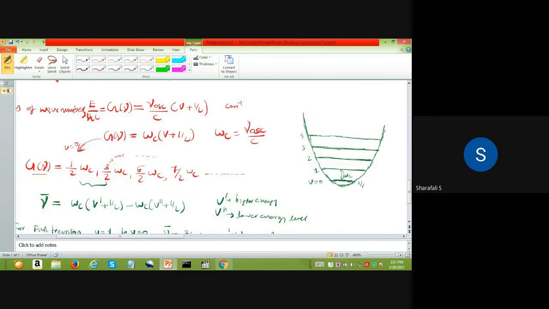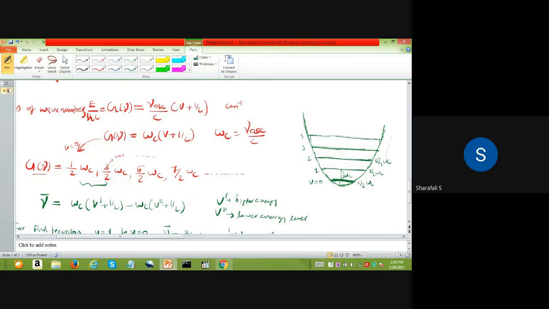Correspondingly, you will be having energy of omega C here, 3 by 2 omega C, then 5 by 2 omega C, and so on. And what is this? This is nothing but your interatomic distance, R0, the mean distance.